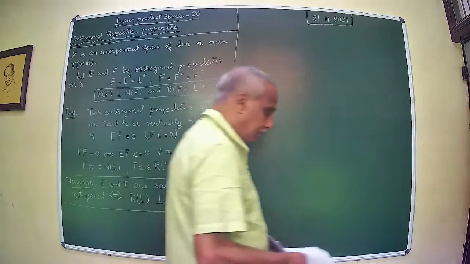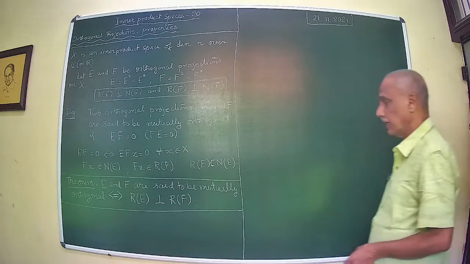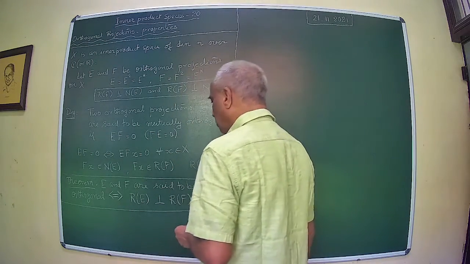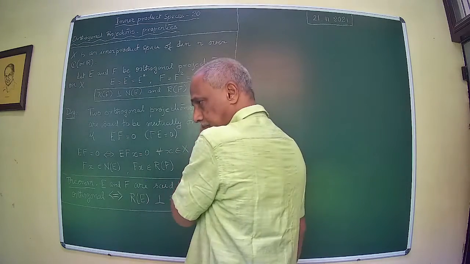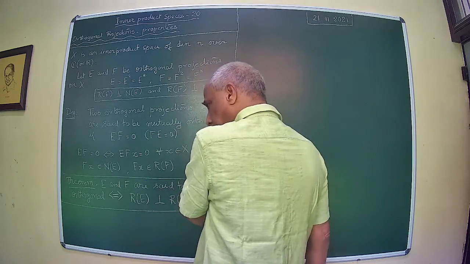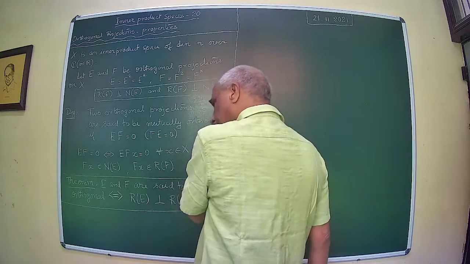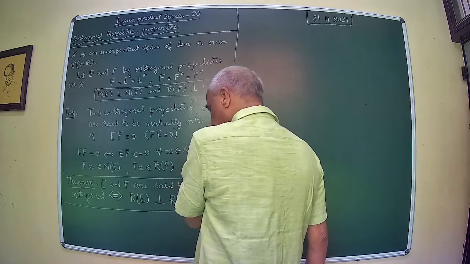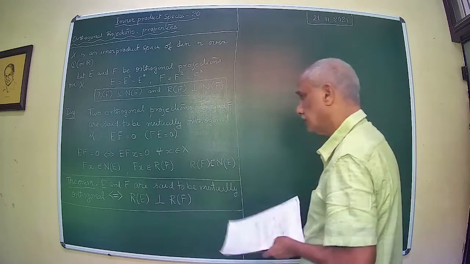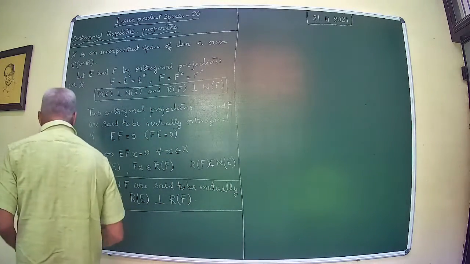So E is a projection on RE, F is a projection on RF, and these are orthogonal projections. That means the complementary spaces that you use are RE perp and RF perp respectively. Okay. Now let us prove this theorem.